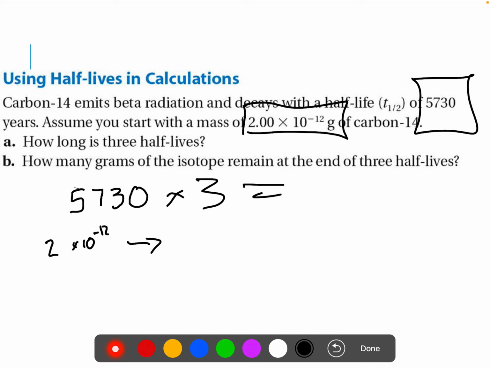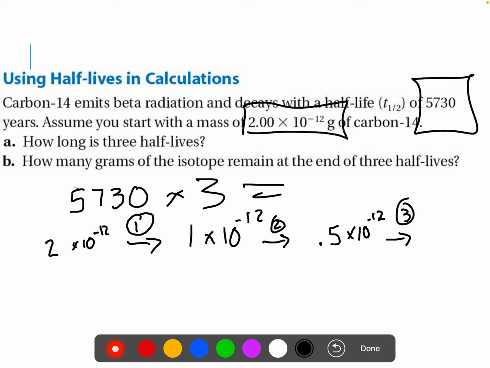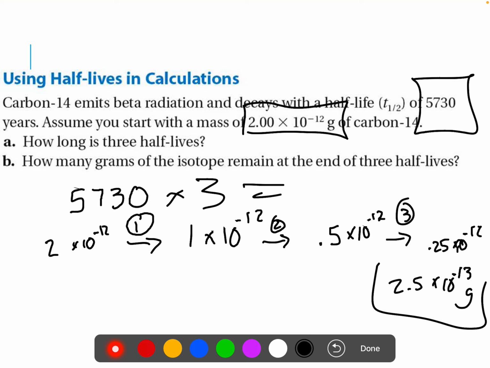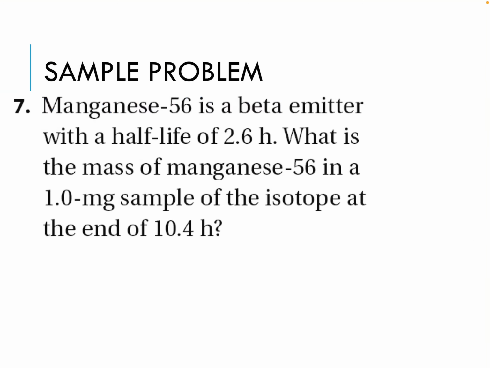After 1 half-life, you're going to have 1 times 10 to the negative 12. After the second half-life, you're going to have 0.5 times 10 to the negative 12. And after the third half-life, you'll have 0.25 times 10 to the negative 12, which is the same thing as 2.5 times 10 to the negative 13th. So hopefully that makes sense.